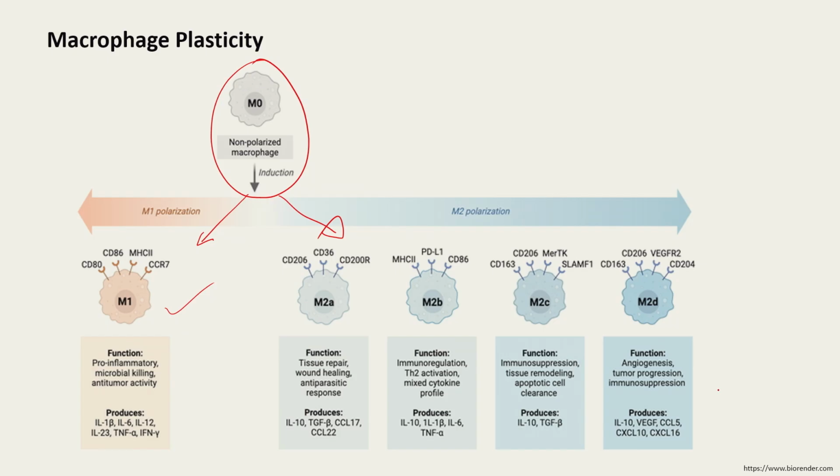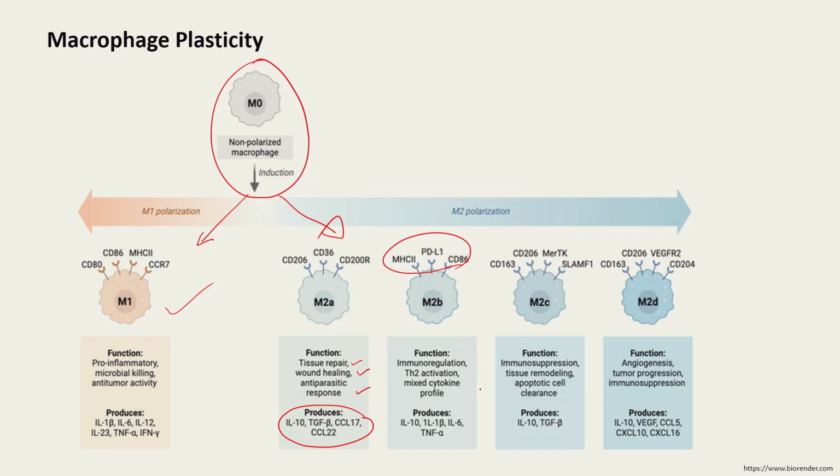M2 is further divided into M2a, M2b, M2c, and M2d depending upon their function. For example, M2a is responsible for tissue repair, wound healing, and anti-parasitic response, and the production of cytokines is also very different in these cell types. Secondly, M2b again has a separate set of receptor proteins expressed on its cell surface.